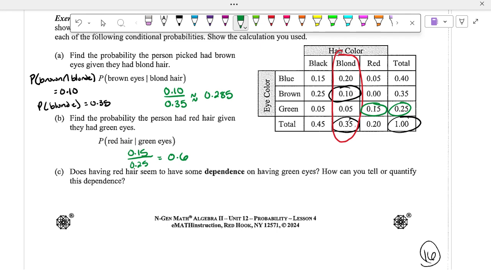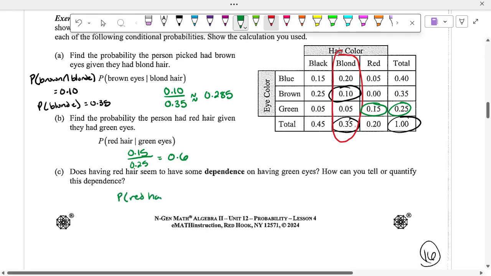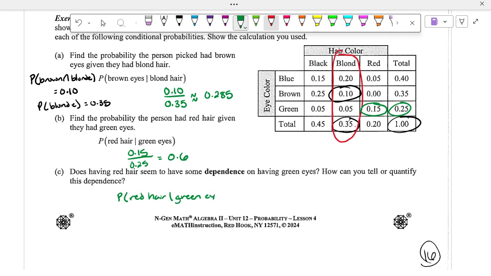For not having green eyes. So in other words, we need to find the probability of having red hair given they don't have green eyes. So it's the green eyes complement, or given that they're not green eyes, however you want to put it.